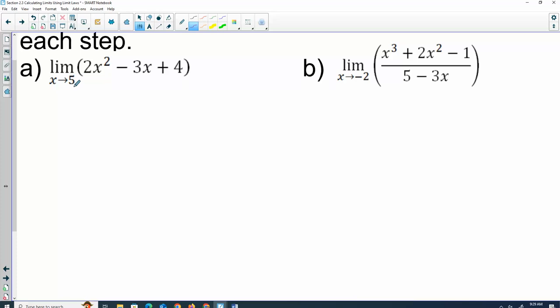If I wanted to evaluate this without making a table, if I have the limits of things being added or subtracted, what would we do? We do the limit of each. Now, am I going to require this much work on every problem? Absolutely not. But while we're learning the process, I want to do it on just a couple to show you how these laws work.